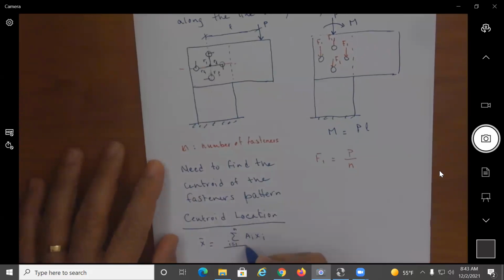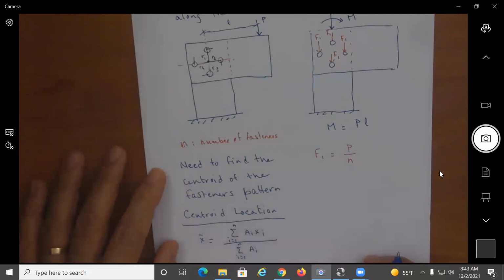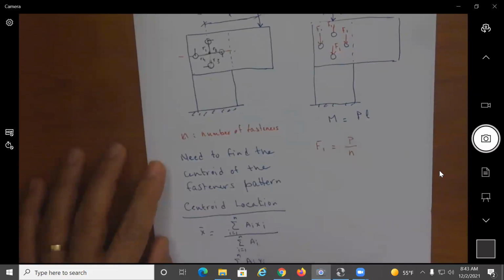And I divide this by the total area of the fasteners, sigma from i equals 1 to N of A_i. And likewise, I can do a Y bar that is equal to sigma from i equals 1 to N of A_i y_i divided by sigma from i equals 1 to N of A_i.